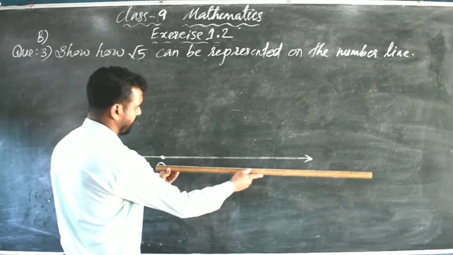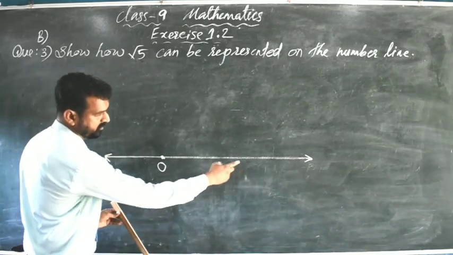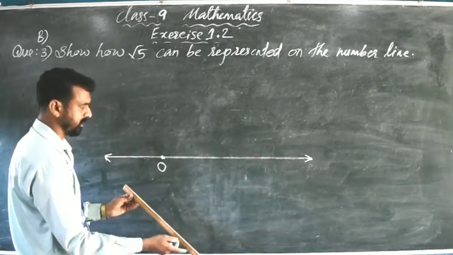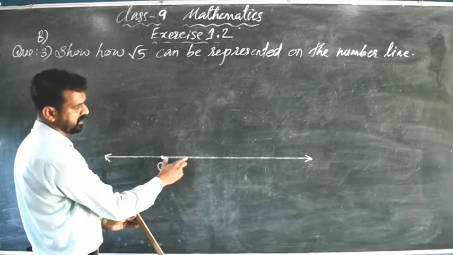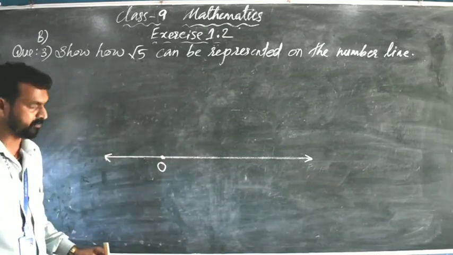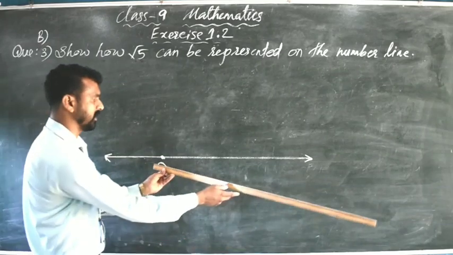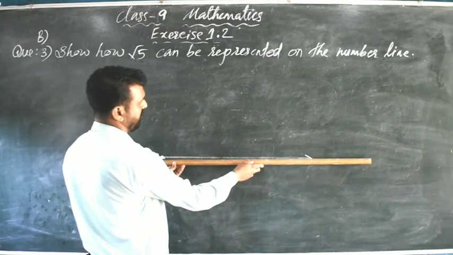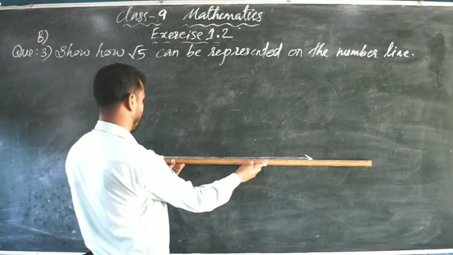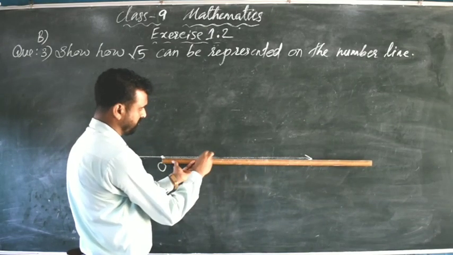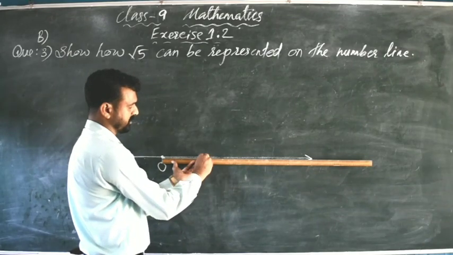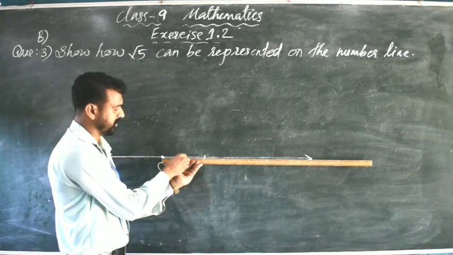Then we are going to mark 1, 2, 3 like that on the number line. If we mark exactly 1 centimeter, the figure will be very small. So you have to mark 2 centimeters, and there we will mark 1. That means we take 2 centimeters as 1 unit.